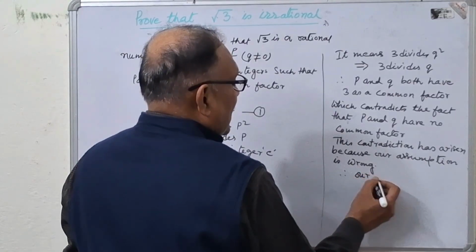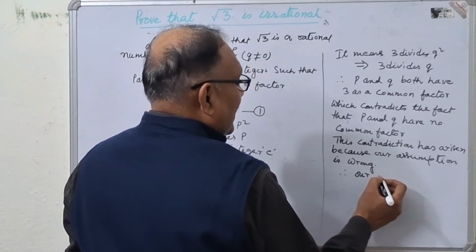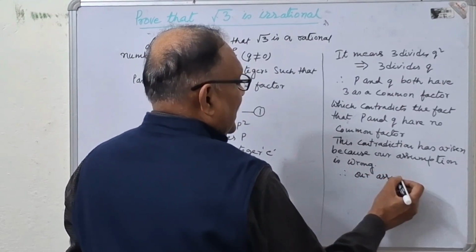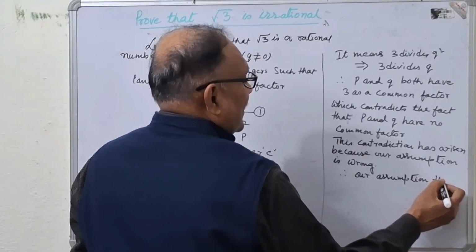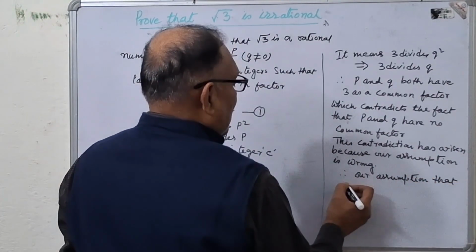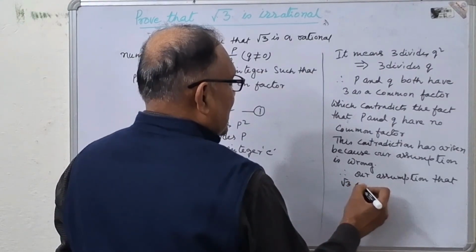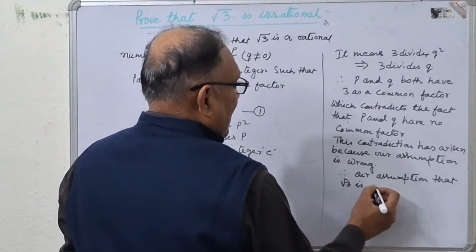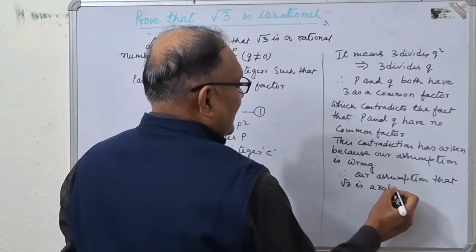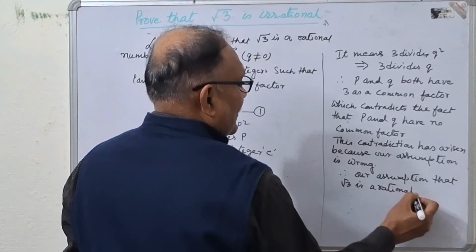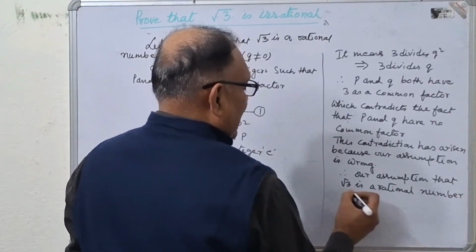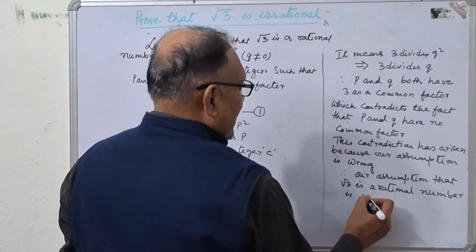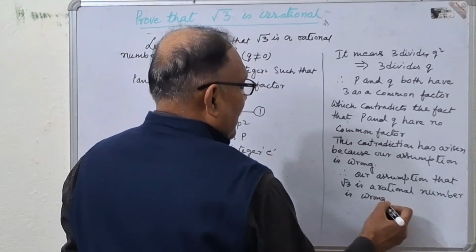Therefore, our assumption that root 3 is a rational number is wrong.